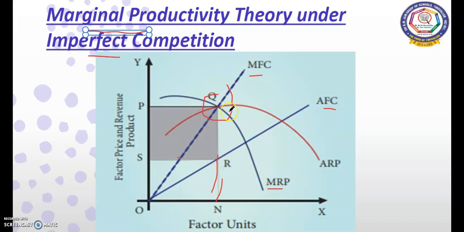Here you can see total revenue obtained by NQ into PO. So, this is the total revenue obtained. Therefore, exploitation per unit of factor is RQ. But the total number of factors is ON. Thus, the total exploitation of the factor by the employer is RQ into ON.